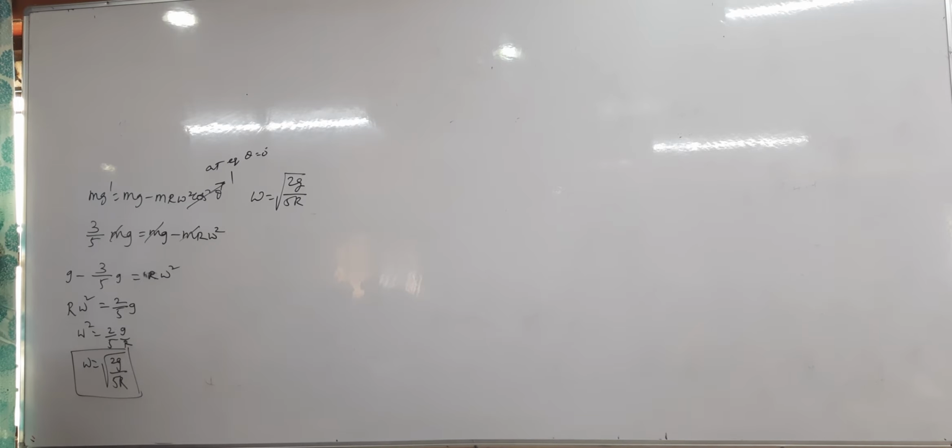Directly H and G relation you take. H is equals to U square by 2G only, no? Then H is inversely proportional to G, that's it. You'll get the answer.